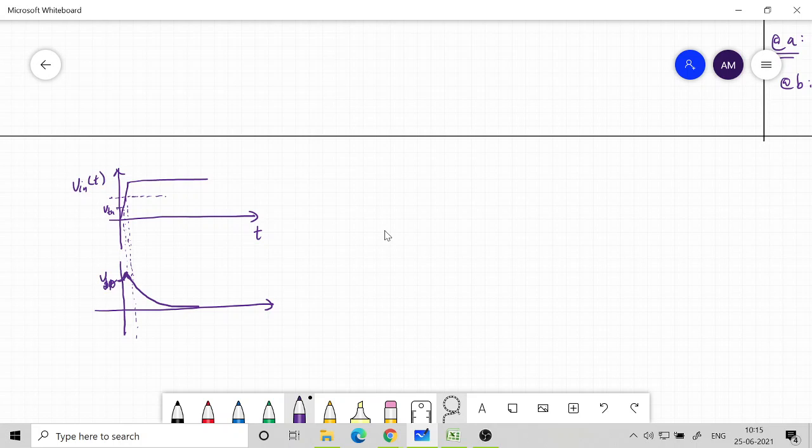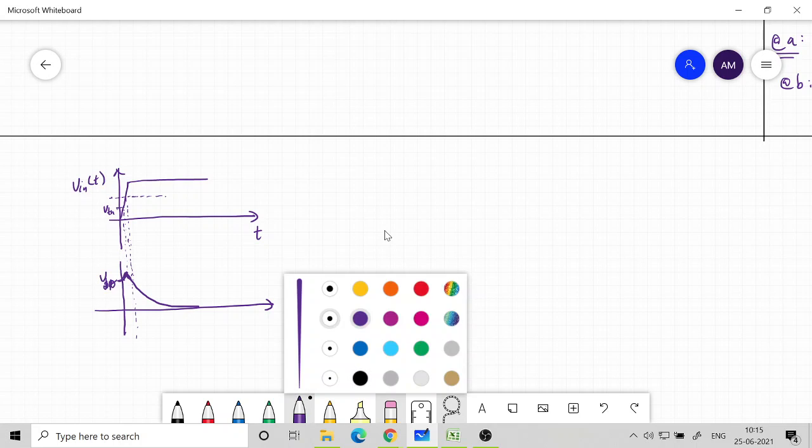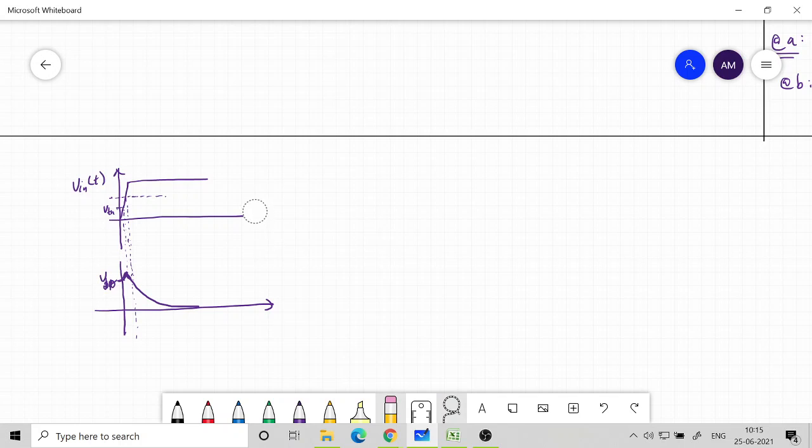Now usually when we do inverter characteristics, we will give a pulse waveform. If I give a pulse waveform at the input, the input can also have a fall time. Suppose this is our fall time, and then again after some time it increases.